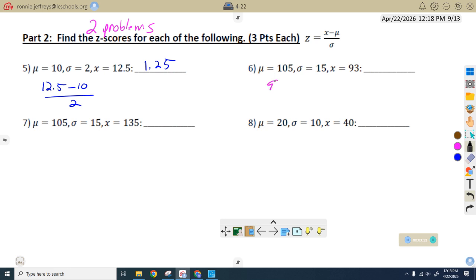This would be 93 minus 1.5 over 15. Just do the right one minus the left one, and then divide it by the middle one. This minus this over this. Yeah, we're just using this formula right here.